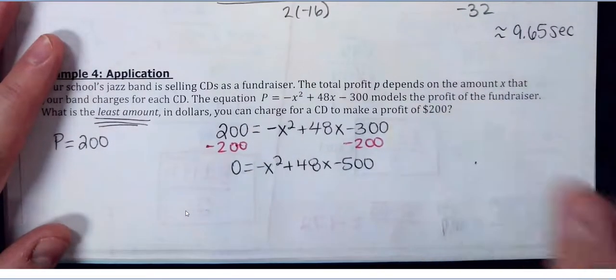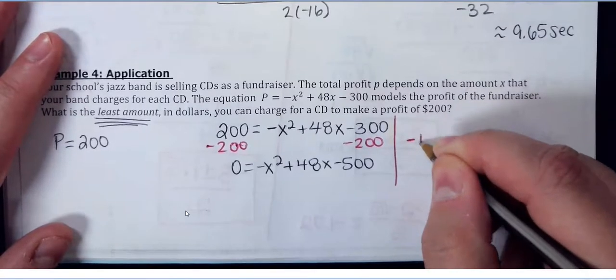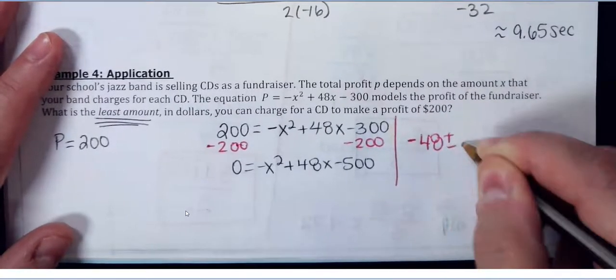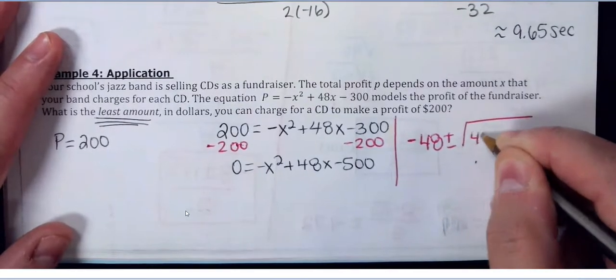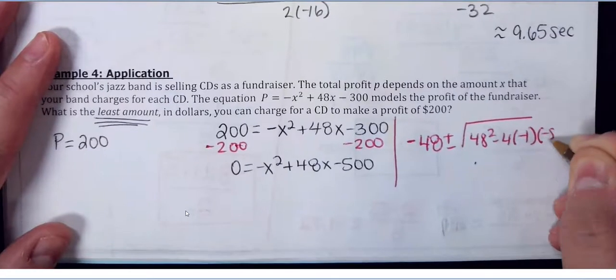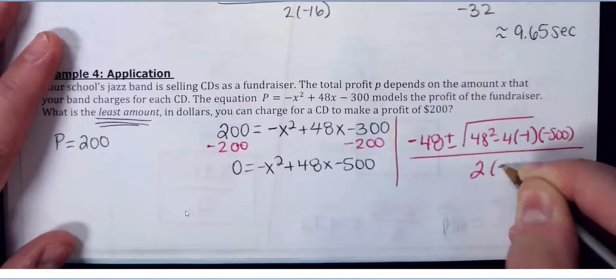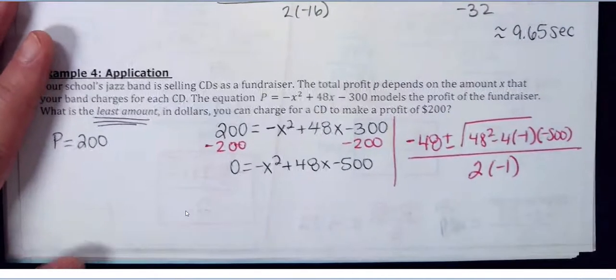All right, I'm just going to go ahead and write this. So opposite of b would be negative 48 plus or minus the square root of 48 squared minus 4 times my a value, which is negative 1, my c value is negative 500. Everybody over 2a, which would be 2 times negative 1.